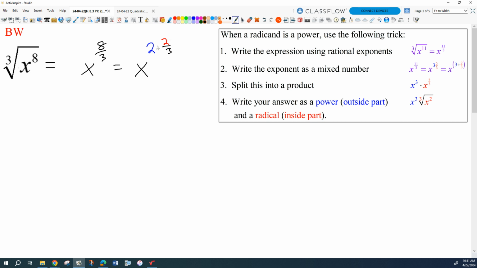So then that becomes, I get an x squared outside, inside, I get an x squared because of the numerator, right? The denominator of the fraction, of course, is just the type of root that we have, which is a cube root. Okay, no big deal.